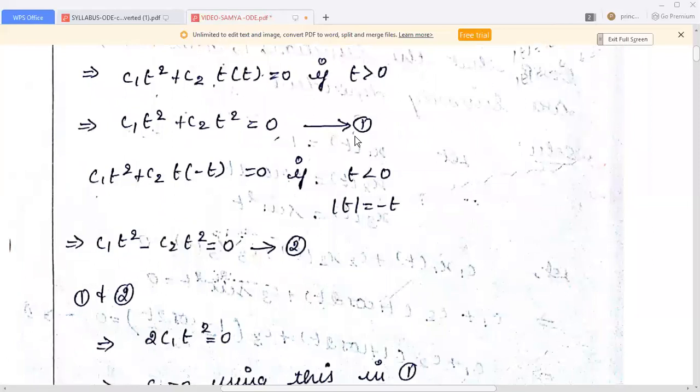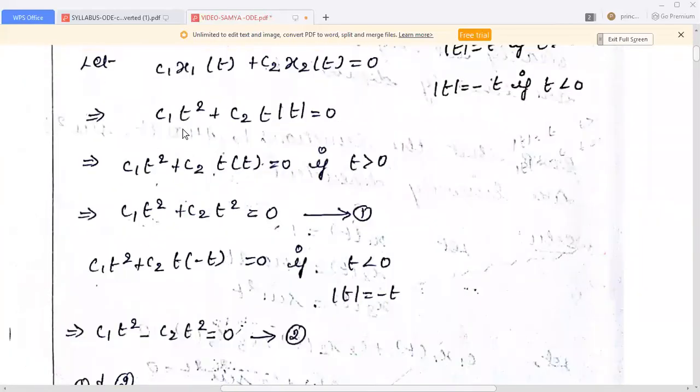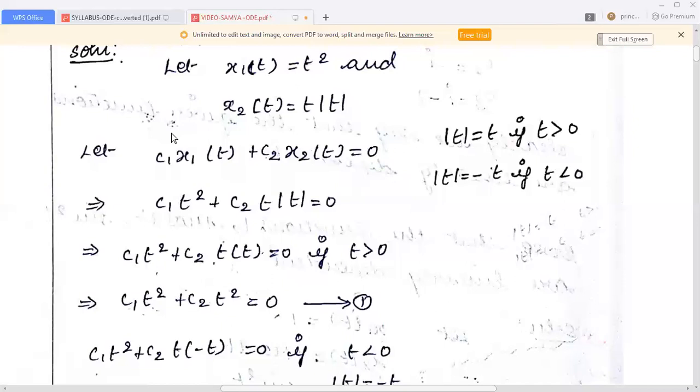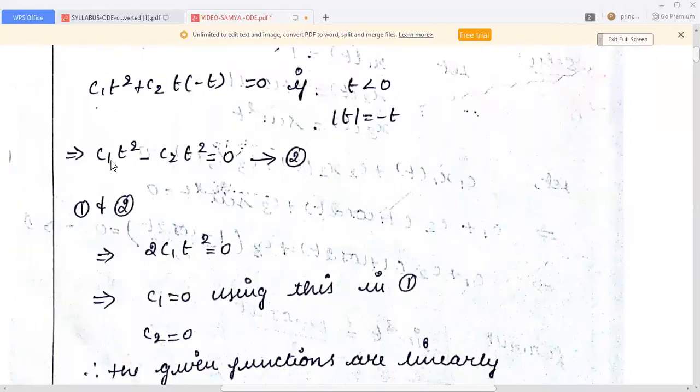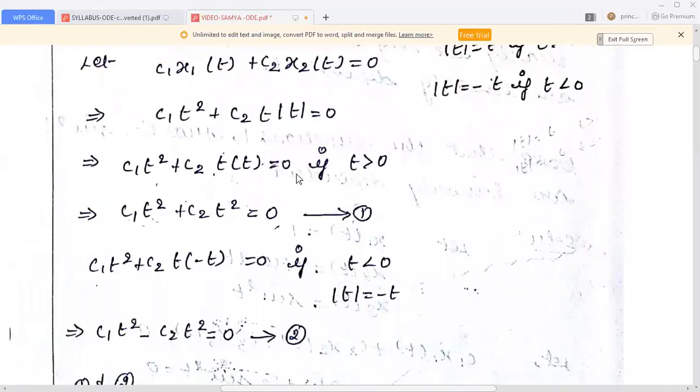So we can take this as equation number 1, that is c1 into t square plus c2 into t square equal to 0. Now we take the other option. This is c1 into t square plus c2 into t, where modulus of t is minus t, equal to 0 if t is less than 0. When you simplify this, we get c1 into t square minus c2 into t square equal to 0. This can be taken as equation number 2.